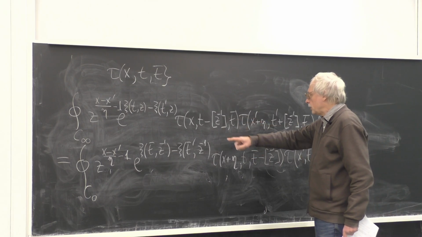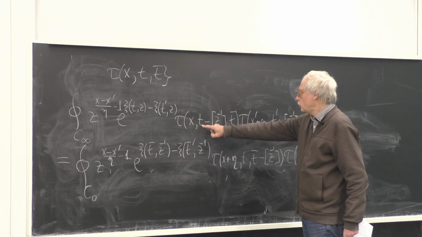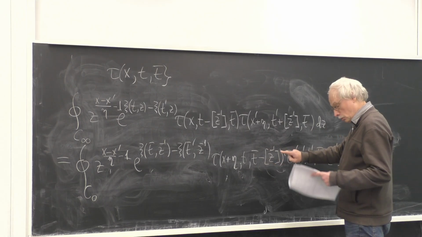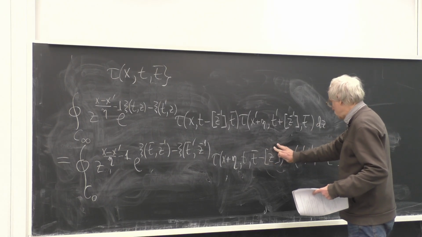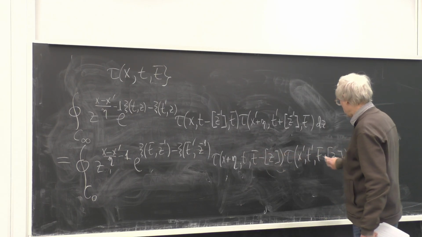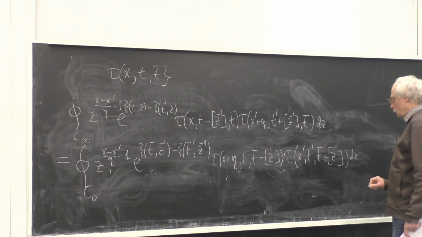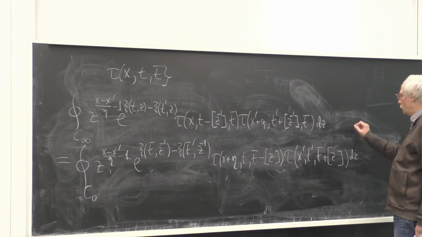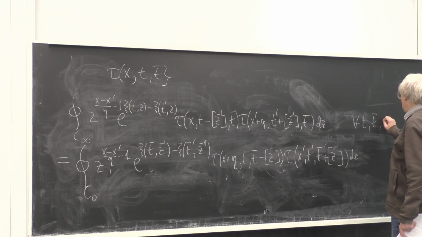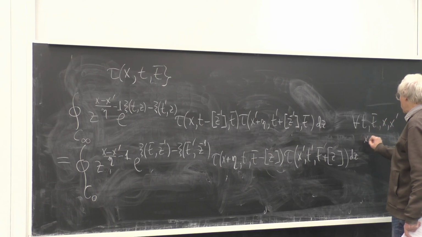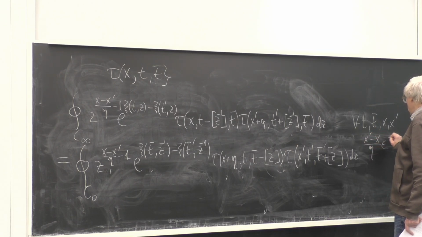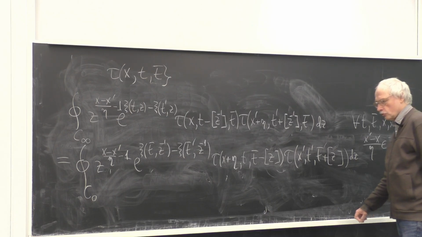So here we have shifts in times t, and here the shifts are in times t bar. This should hold for all t bar and x prime, such that x prime minus x divided by eta is an integer number.